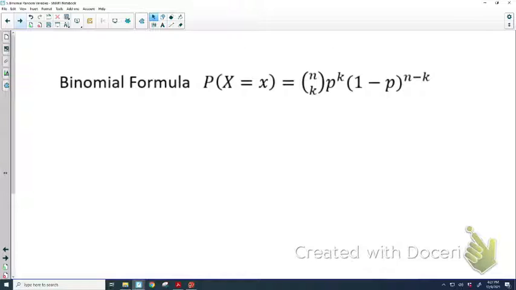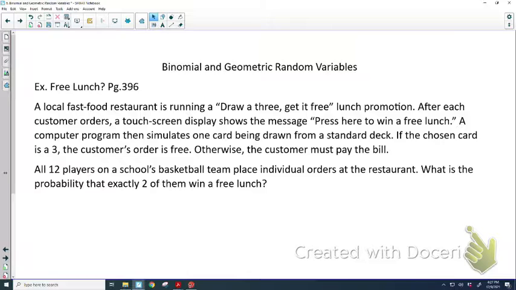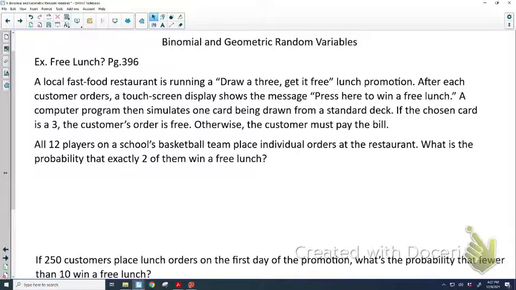All right, now moving on. There's our formula. That's on your formula chart. So that's what I was writing into earlier. And now we're going to move on to another type of problem where I think we're going to have to get the mean. In this problem, there's a fast food restaurant marketing, trying to get people to come in and maybe get a free lunch. 12 basketball players show up, and if you push a button on the screen, it draws from a standard deck.